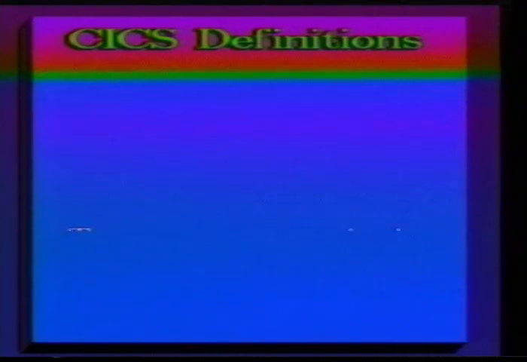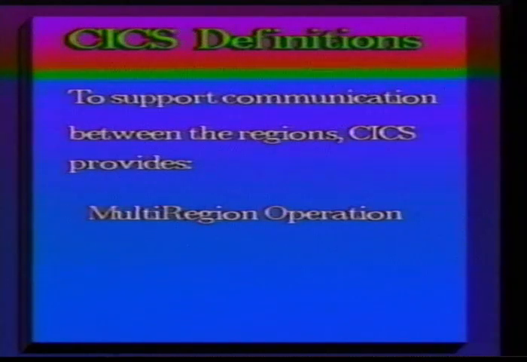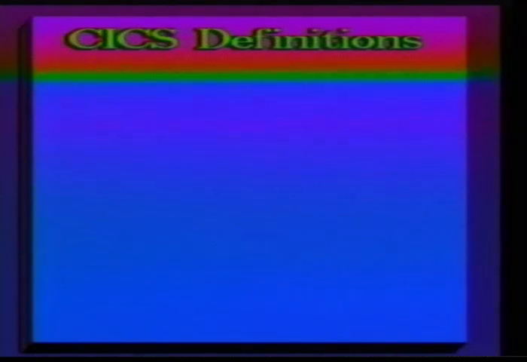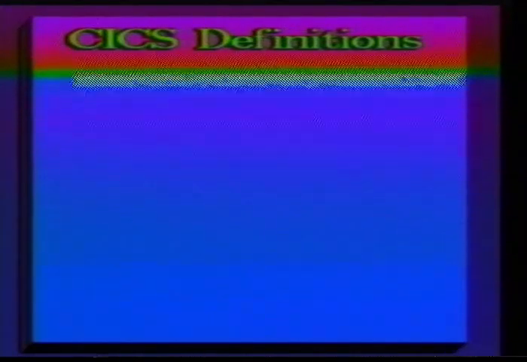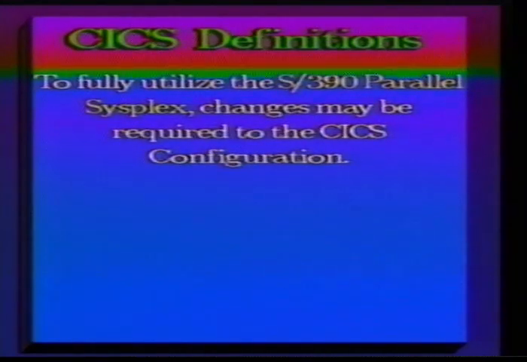When the CICS configuration is split into regions, the different regions need to communicate with each other. CICS provides a facility called Multi-Region Operation, or MRO, to support the communication when the regions are on the same system. To take advantage of the computing resources in the Parallel Sysplex, an application's CICS configuration needs to be split into regions.